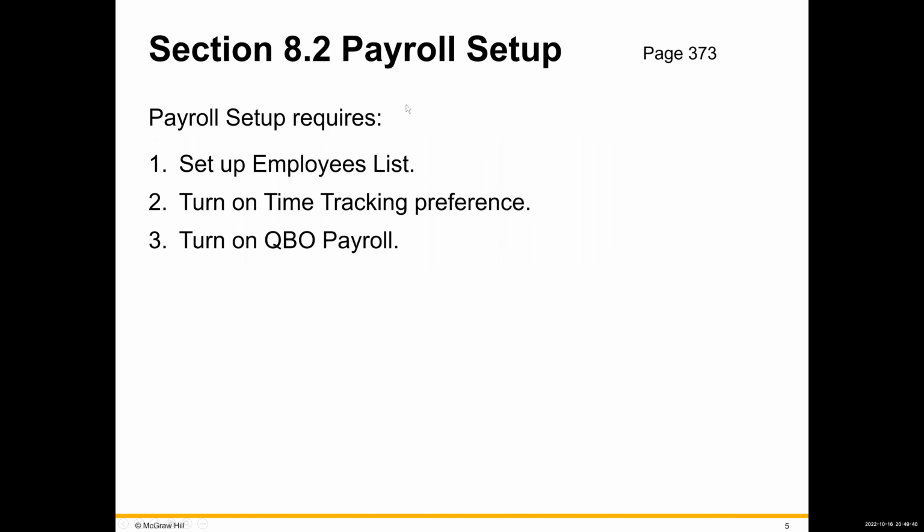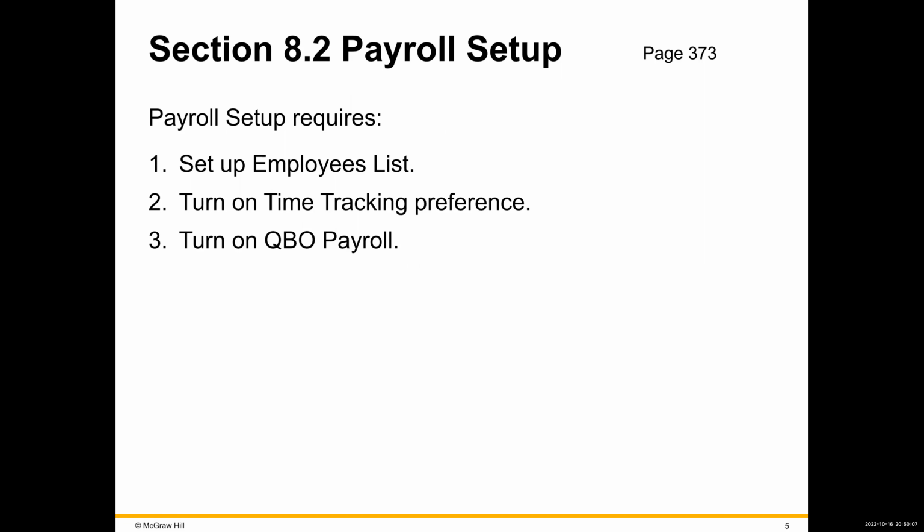Okay, payroll setup requires us to set up an employees list. And normally in any computerized accounting system, we would add an employee. We would put the Social Security number in. We put in whether that employee is married or single, because that does affect the rate of how QuickBooks will withhold from their check.